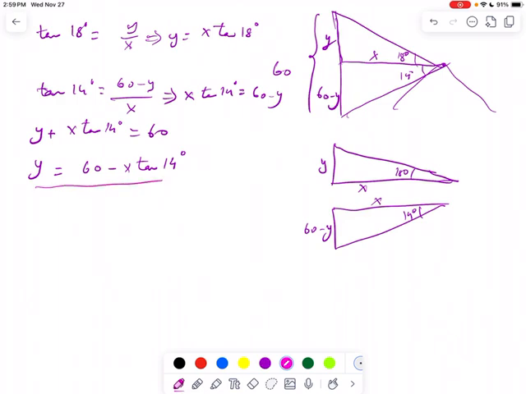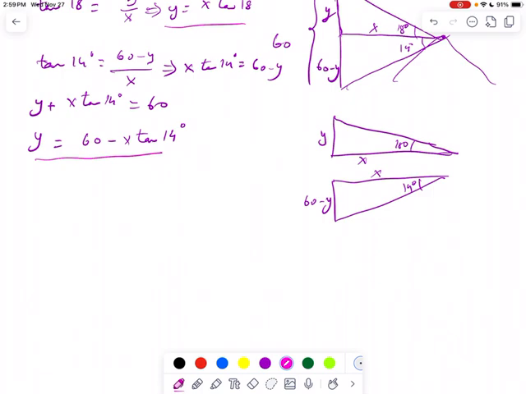In one problem, if for one variable you have two different values, it means those two values are equal to each other. So because y is equal to y, we can say x tangent 18 is equal to 60 minus x tangent of 14.